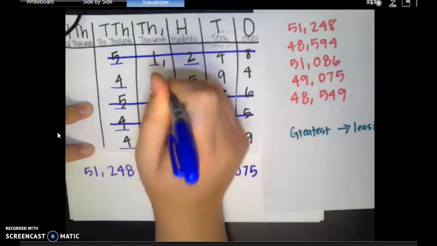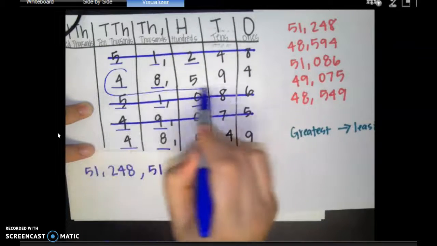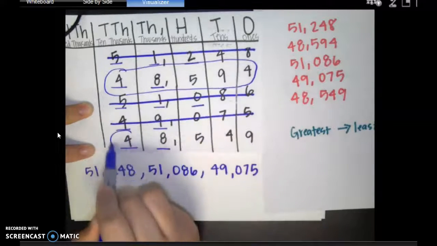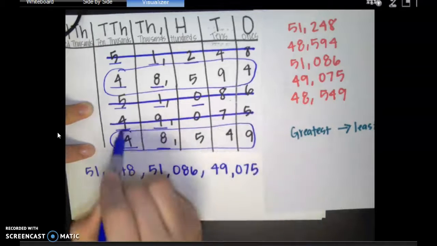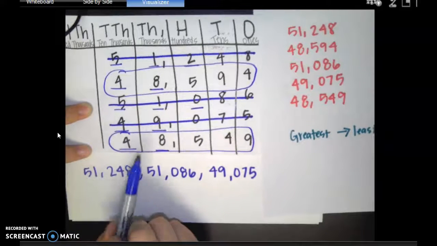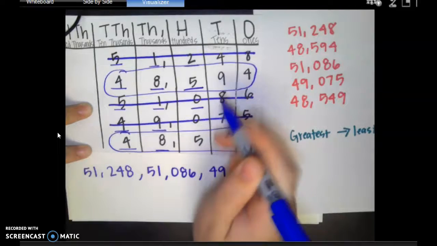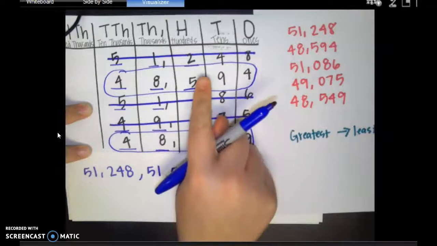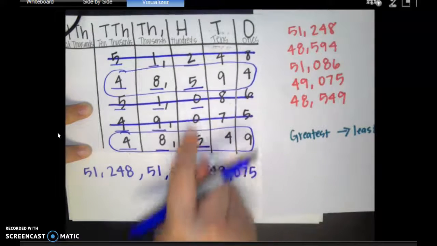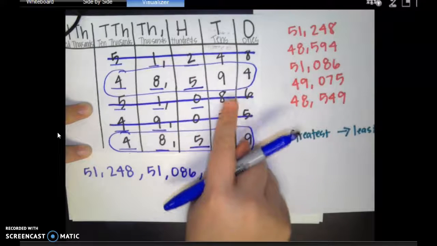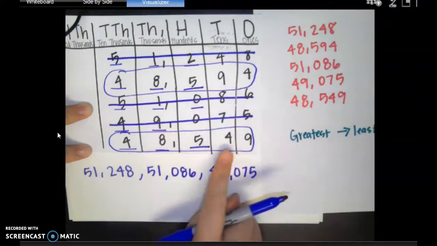Okay, so all I have left is 48,594, 48,549. 4, 4, 8, 8, 5, 5. Does my 5 tell me anything? No, I need to move on to the next place value. 9 and 4.